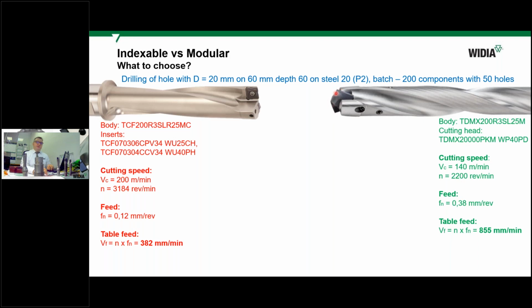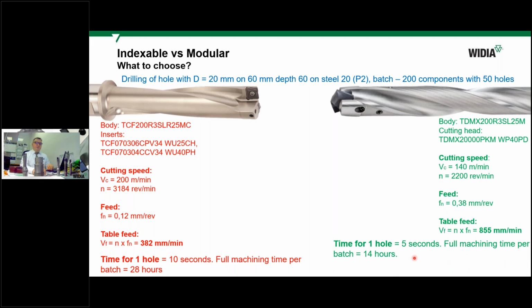And also the solid is usually stronger than the indexable, which consists of different cutting elements. That's why the feed is more than 2 times greater than the feed for indexable drills, and penetration is almost more than 2 times greater. And on average, the time of one hole with modular is 5 seconds.